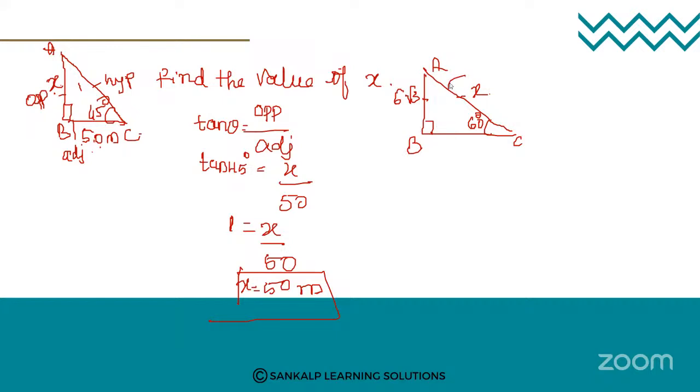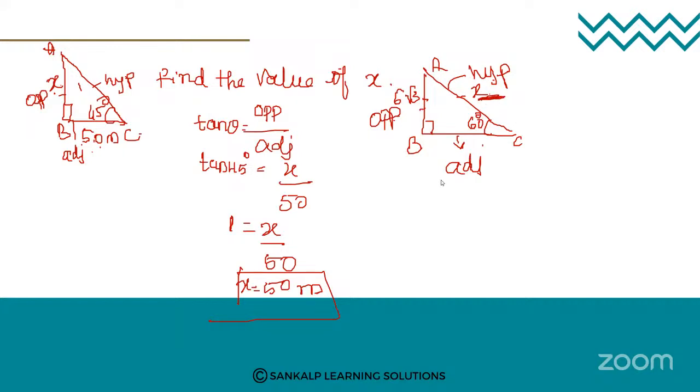The side opposite to the 90 degree, AC, is the hypotenuse, BC is adjacent and this is the opposite side. Now we know the value of the opposite and we need to find the value of the hypotenuse.